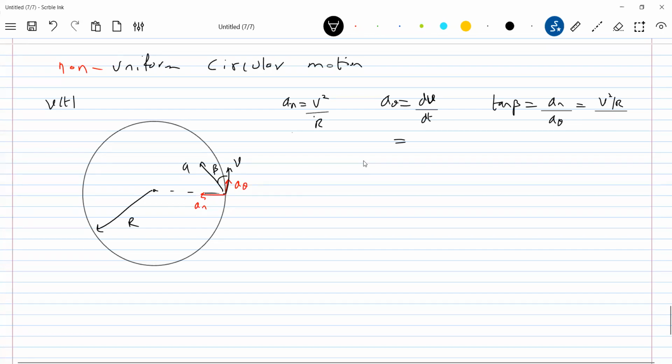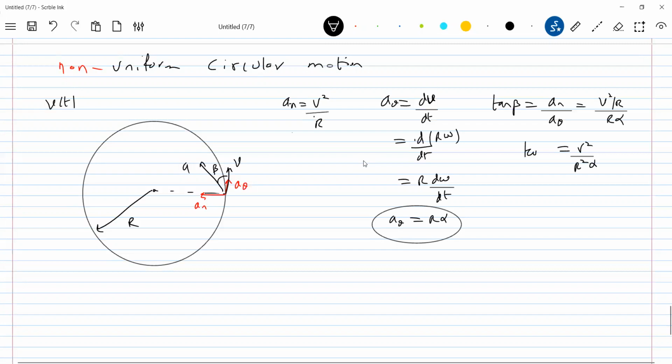So dv by dt, what can you write it as? You can also write it as r into, because v you can write as r into omega, so r d omega by dt. So this is r alpha. Okay, got this one. So this will become v square by r square alpha.